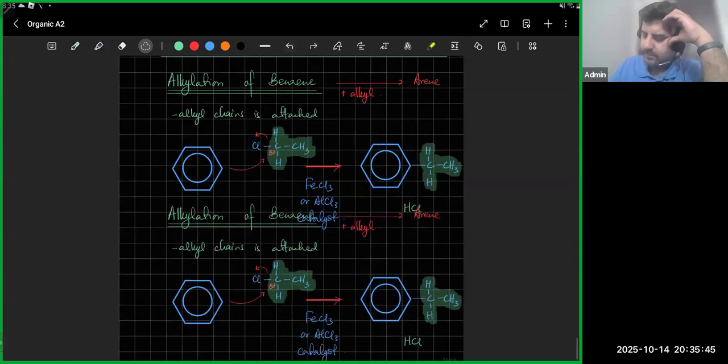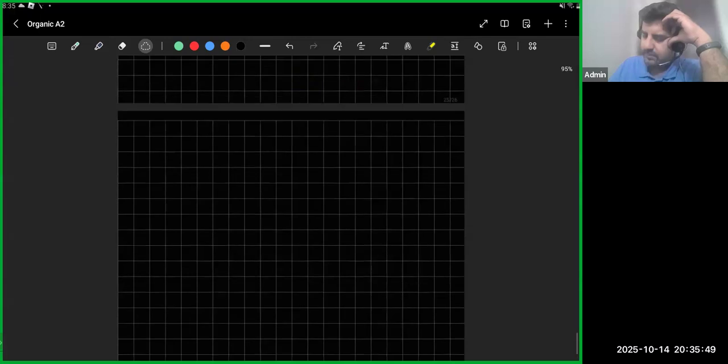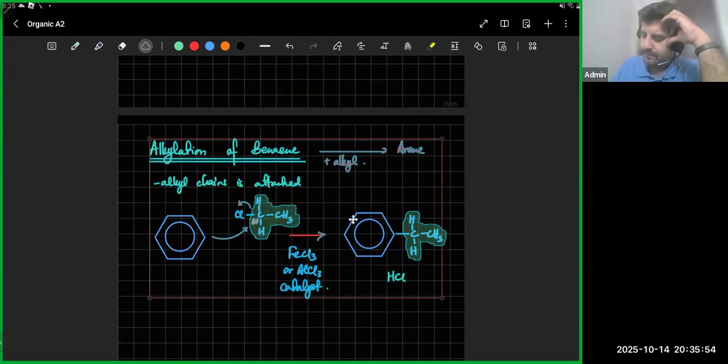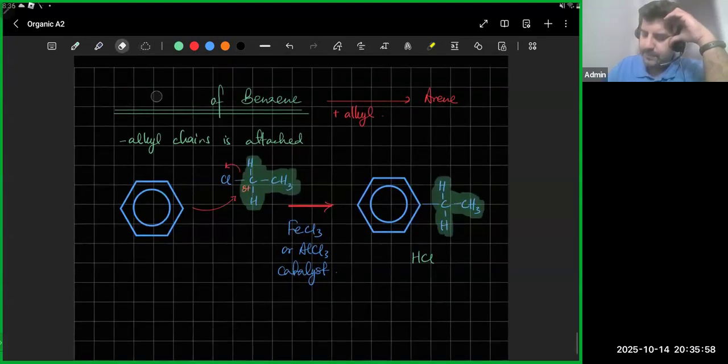So instead of alkylation, we're now going to do acylation.